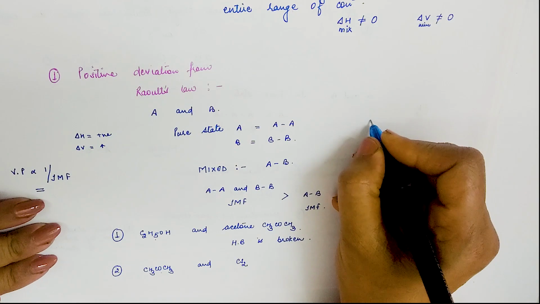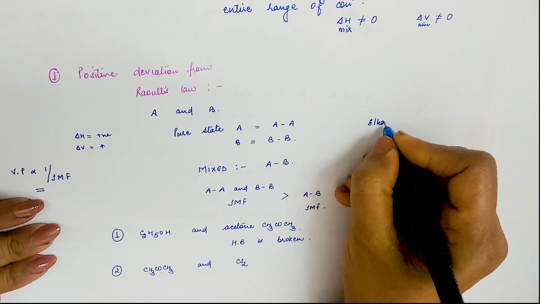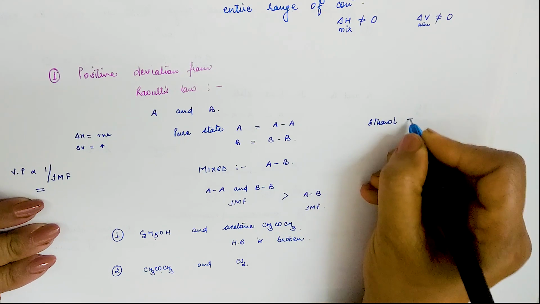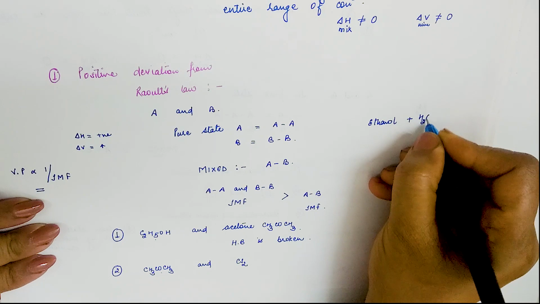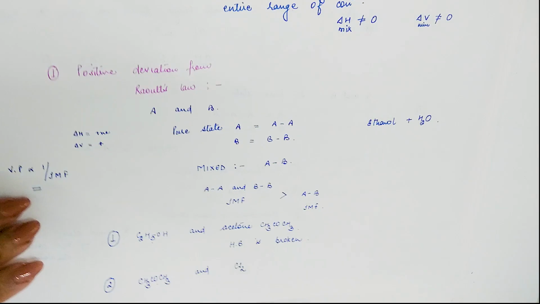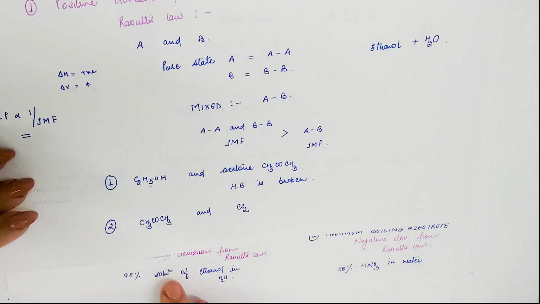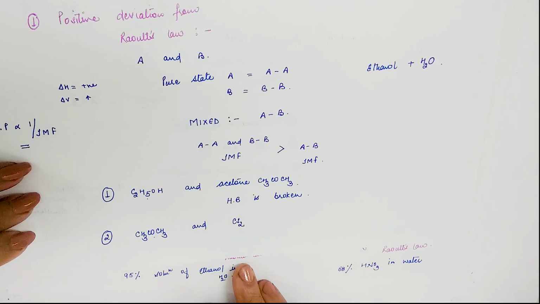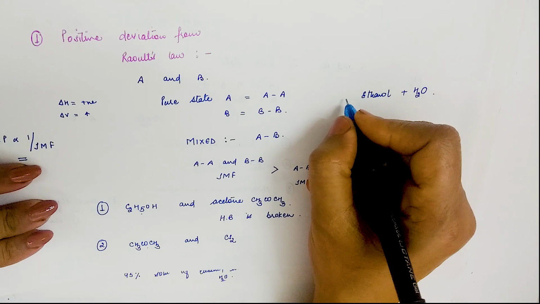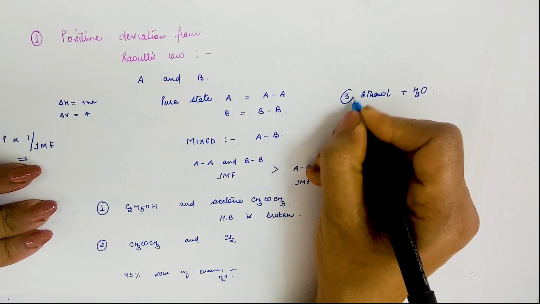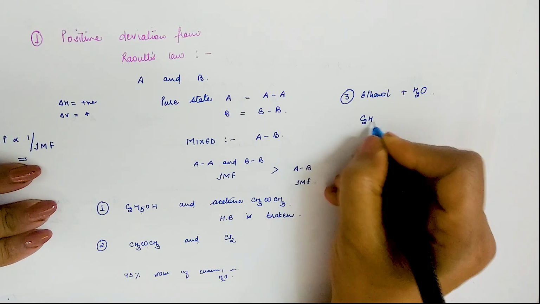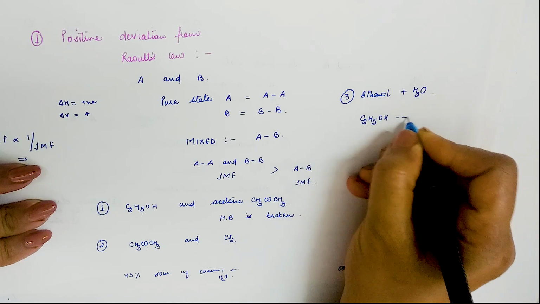Now here I'll explain to you ethanol plus water. Okay, the second example which I am dealing with here, this ethanol plus water, is a positive deviation from the Raoult's law. This example we will also quote in the positive deviation. Now see, ethanol is also having hydrogen bonding.